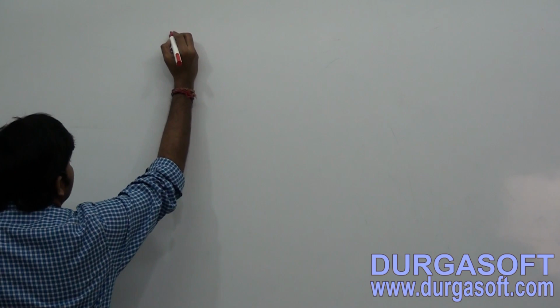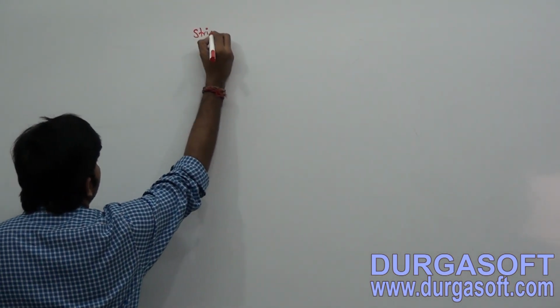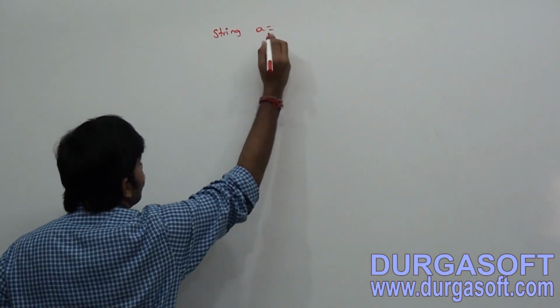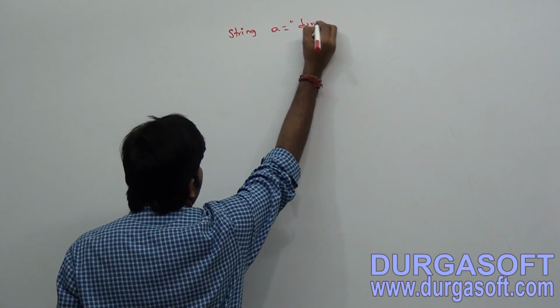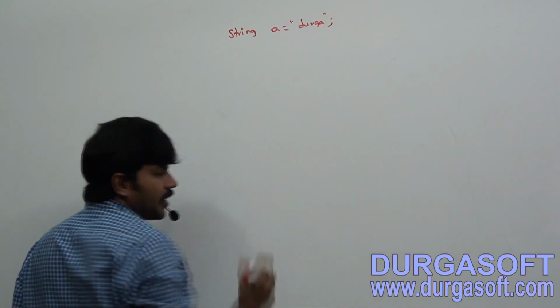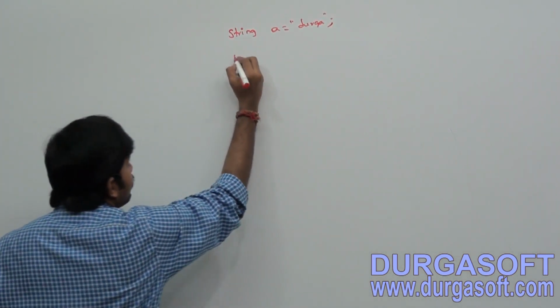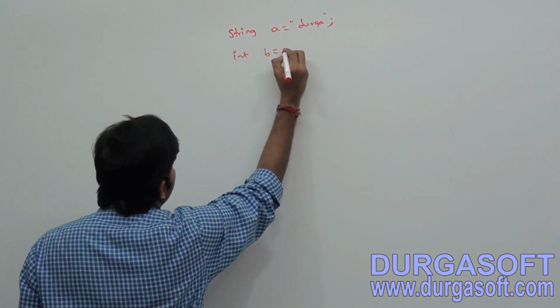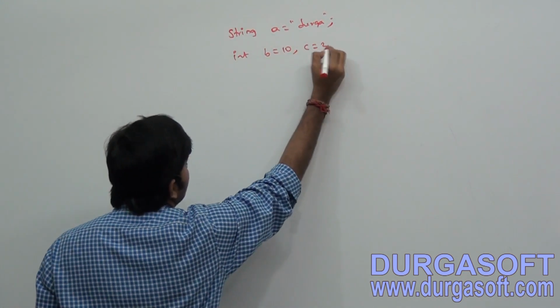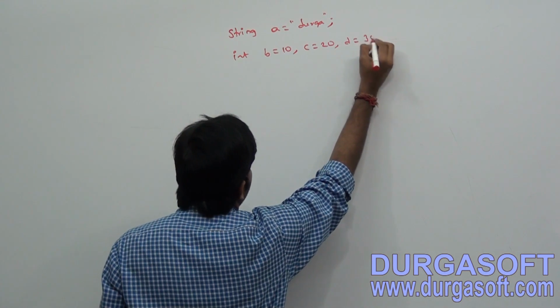Here I am taking String A is equal to Durga, int B is equal to 10, C is equal to 20, D is equal to 30.